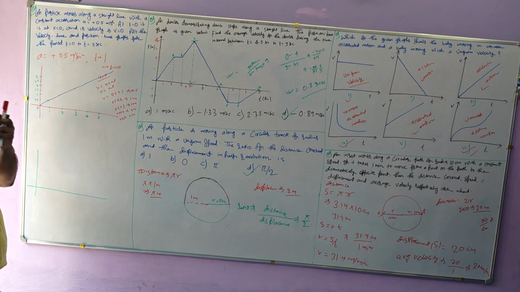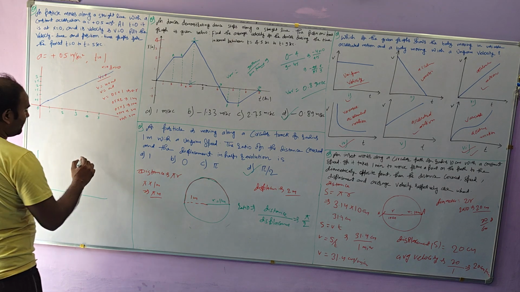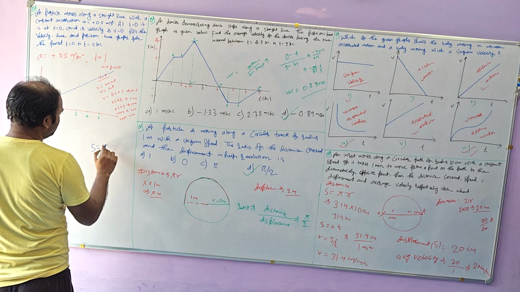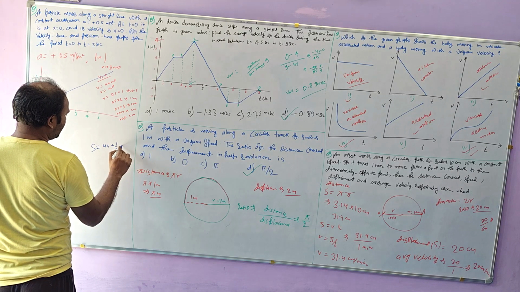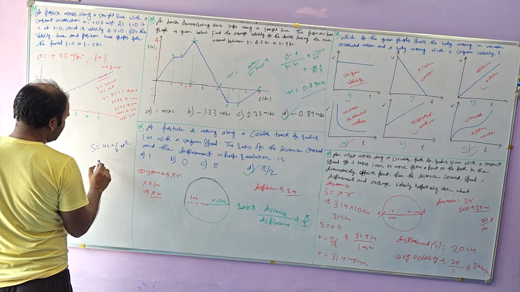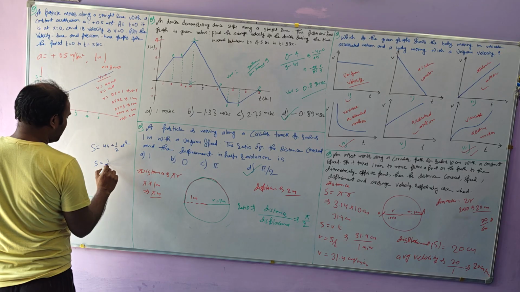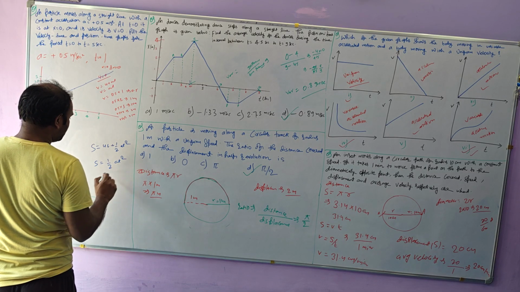When we find the position time graph, we know s is equal to ut plus half at square. U becomes 0, then s is equal to half at square.